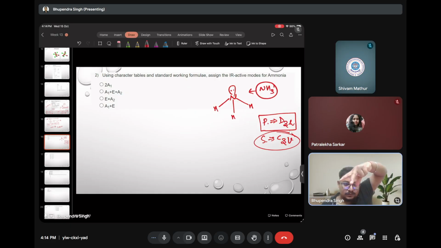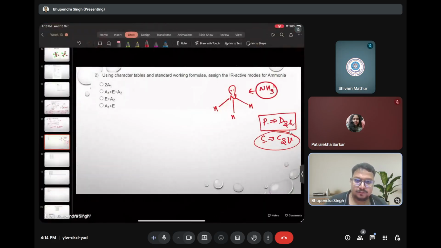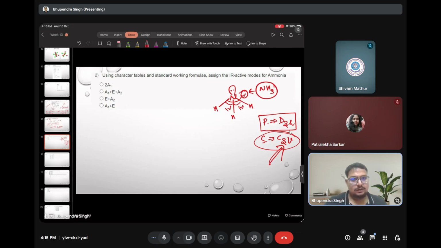All of these NH bonds are 120 degrees from each other. The angle between these two is 120. So the answer should be C3V. It cannot be D3H because it does not have this sigma h, the molecular plane. Okay, so C3V, got it.